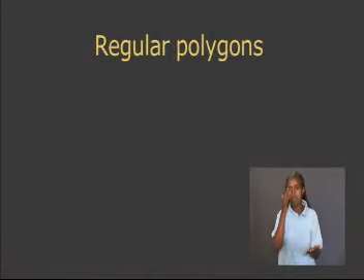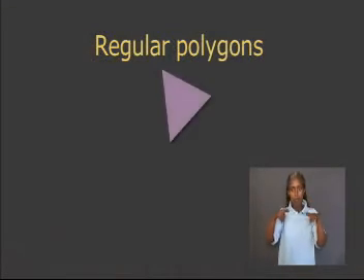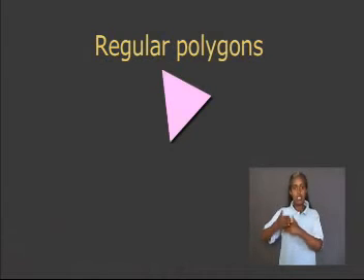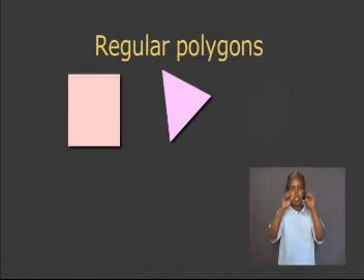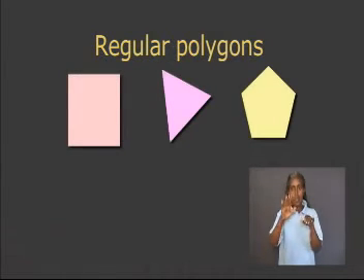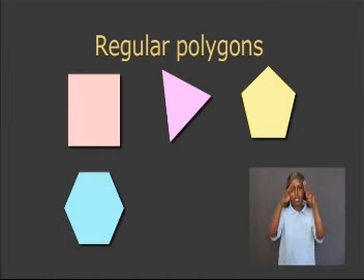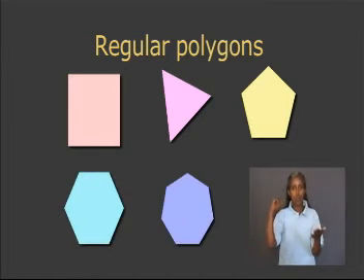If you look at your examples, and some of the examples drawn by those students near you, you will probably see that regular polygons look familiar. Regular polygons are equilateral triangles, squares, pentagons, hexagons, and so on.